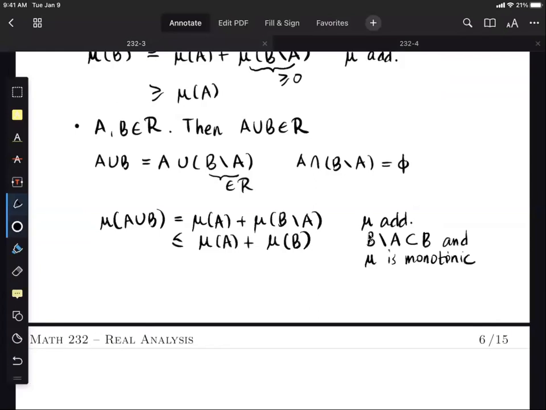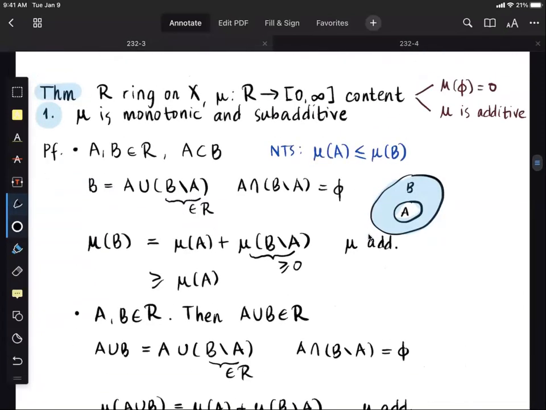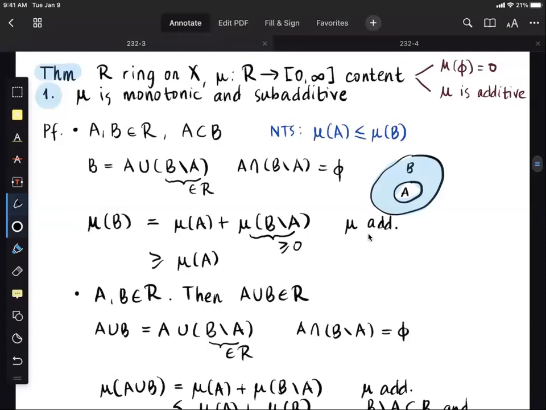So the content of B minus A is less or equal to the content of B, and this is subadditivity. And therefore, we have shown that a content is also monotonic and subadditive.